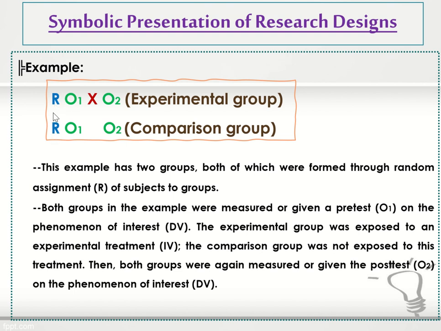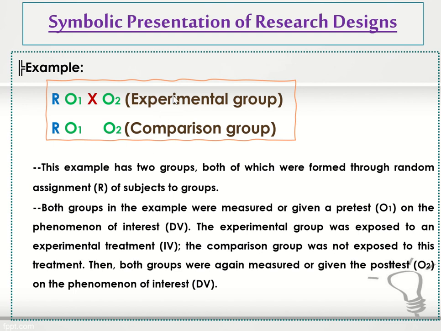So ito yung R na to, random assignment ng ating mga subjects either to experimental tsaka control group. So pag sinabing random assignment pala, it is a procedure that ensures that each subject has an equal chance of being assigned or placed in any of the groups in an experimental study.